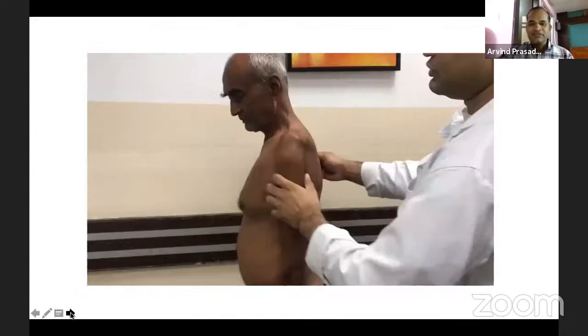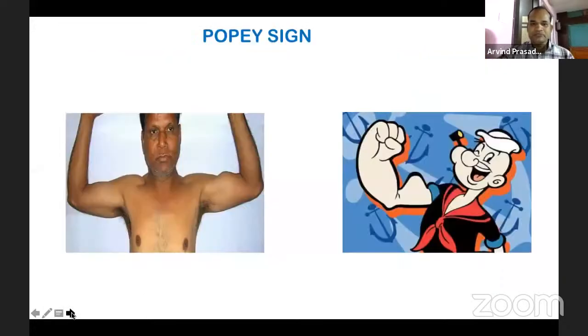Next is inspection from the side. In this case, we can see complete atrophy of the deltoid muscle, and there is an increased distance between the lateral end of the clavicle and the humeral head. Next is the inspection when the shoulder joint is abducted and the elbow flexed.